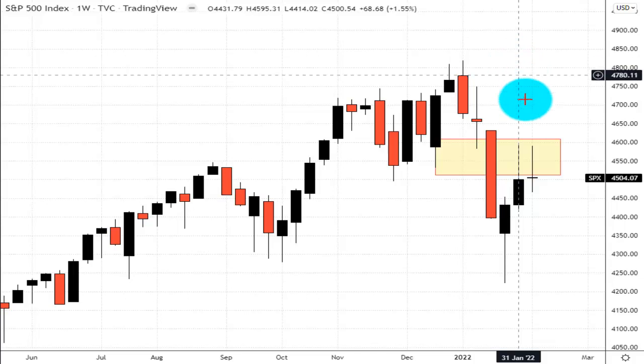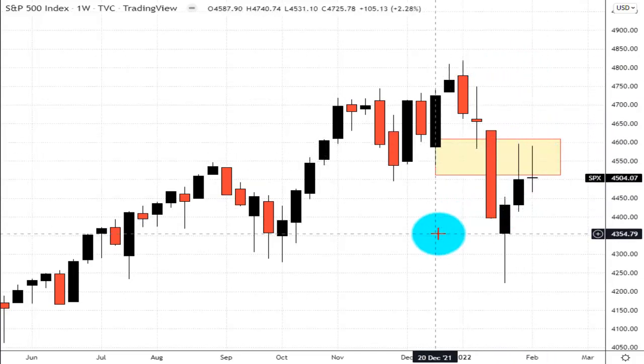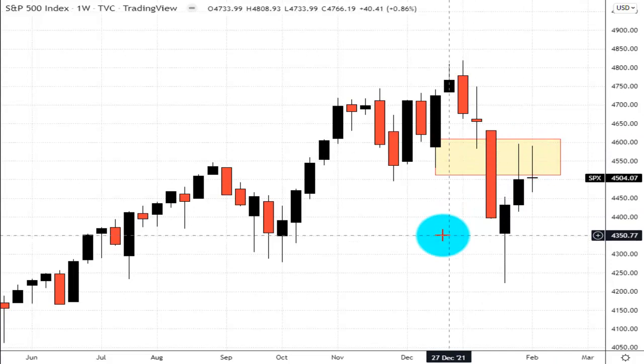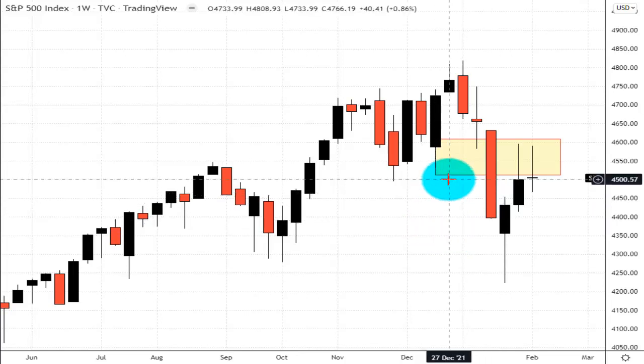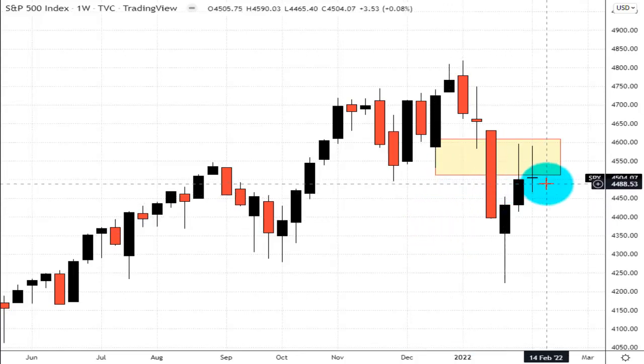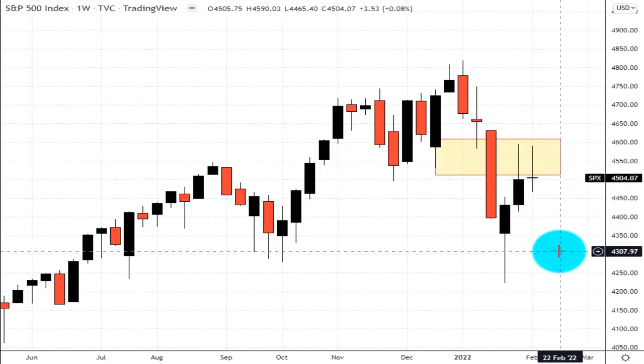So what I did was I drew in my magnet zone here. Basically what the magnet zone says is it's an area on a chart where you can potentially start looking for a reversal, especially if you drop down to a lower time frame. It really is that simple.